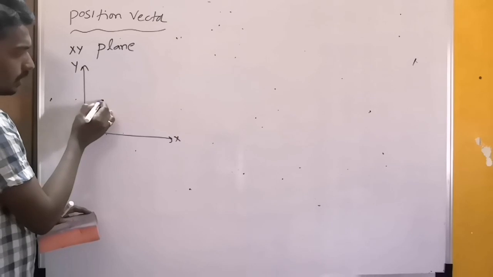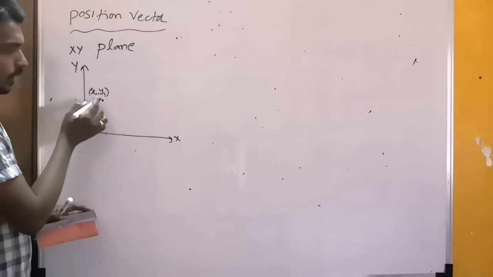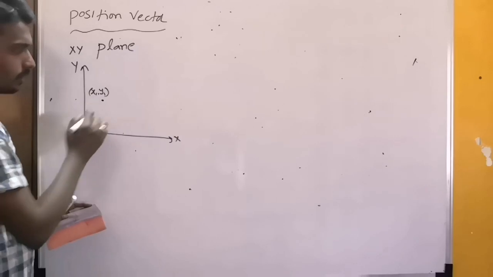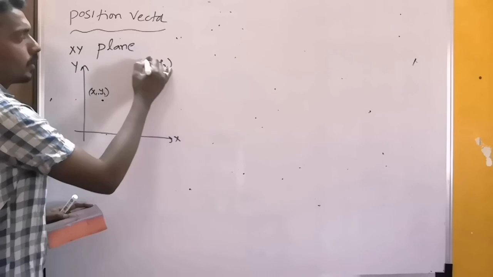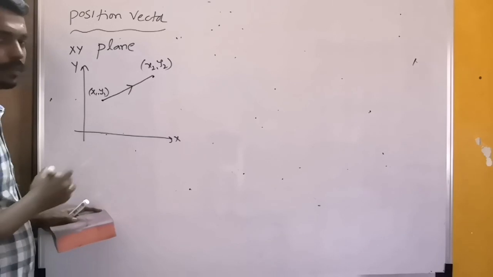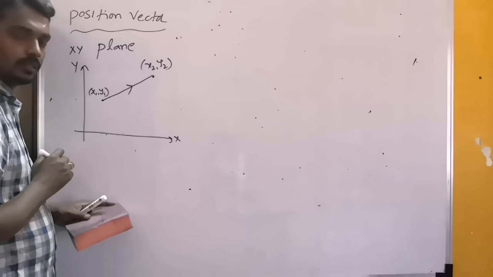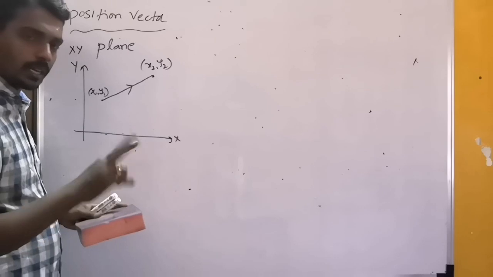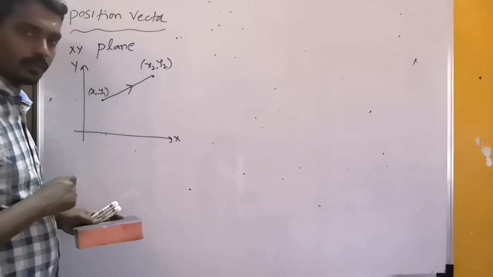So the initial coordinates of the particle are x1, y1: x coordinate, y coordinate. Now it shifted to another position, x2, y2. Now this is the position vector, I mean the displacement vector. Right? But between position vector and displacement vector there is a slight difference. This is the displacement vector.